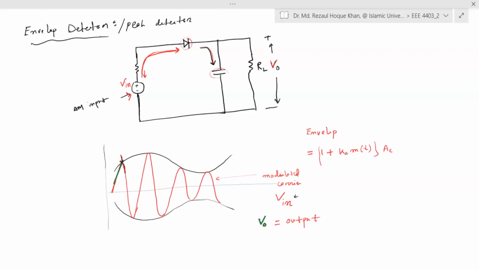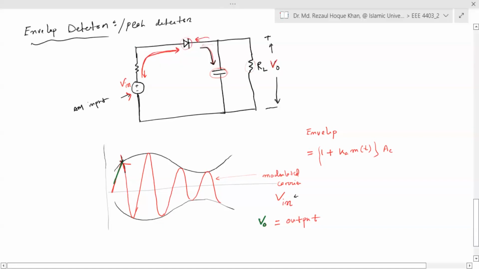The capacitor has a higher voltage, which makes this diode reverse biased. So the capacitor was charging. Now the diode becomes reverse biased, current cannot go through this way anymore. Where does it go? It goes through the resistor. The capacitor is losing its energy through the resistor.